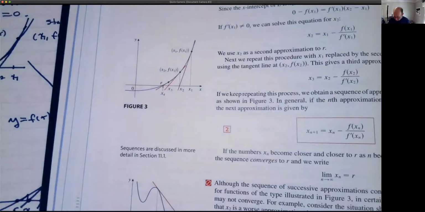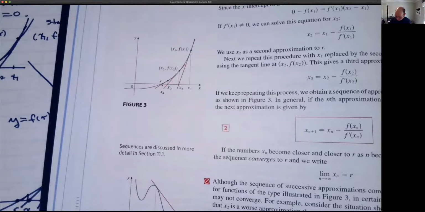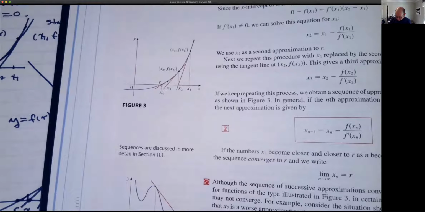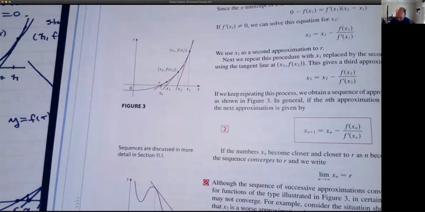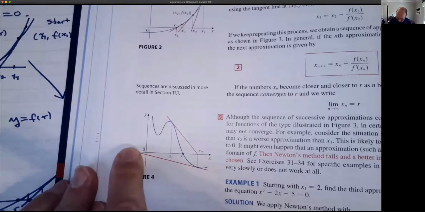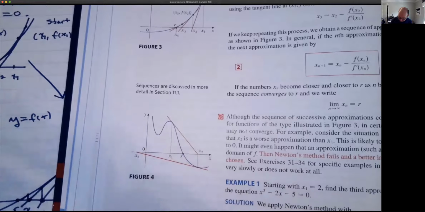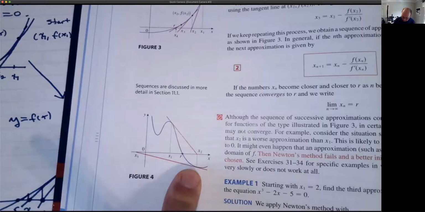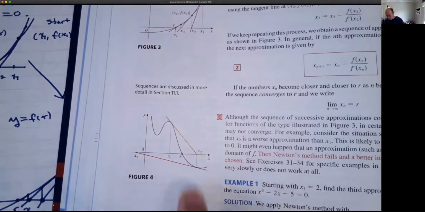All right. Now notice, though, it is possible to miss completely. Like, if this is x2 right here, you totally missed the graph. So you have to be sufficiently close in a very technical way for this to work.